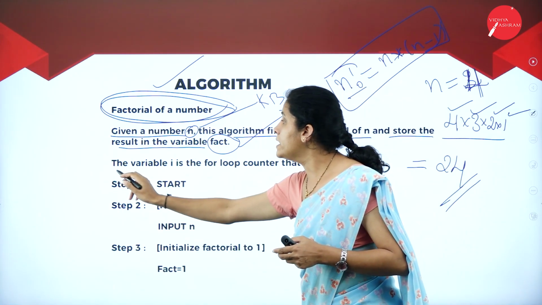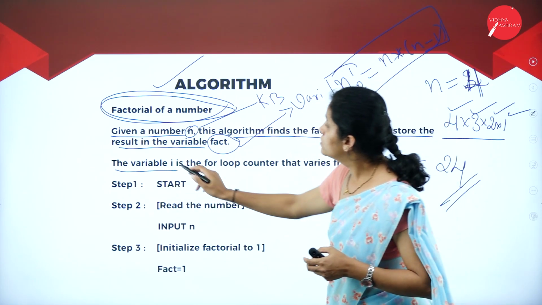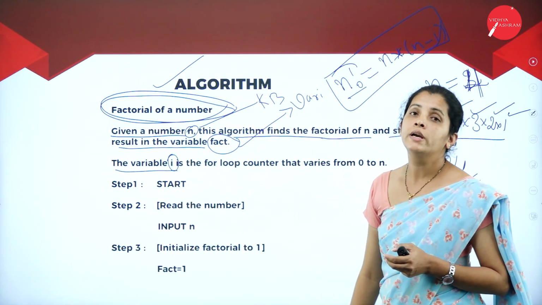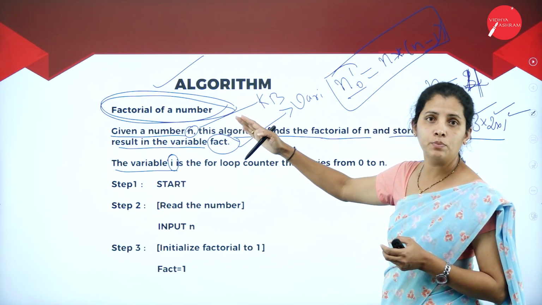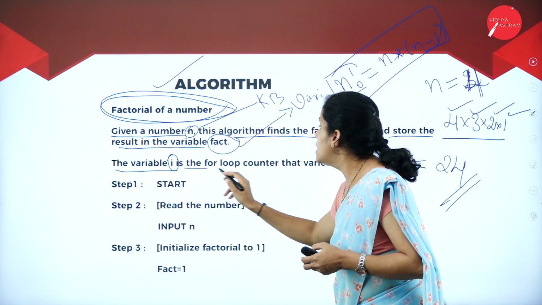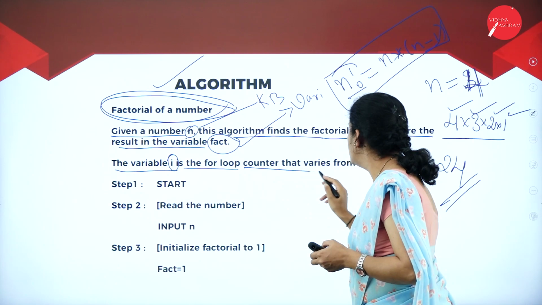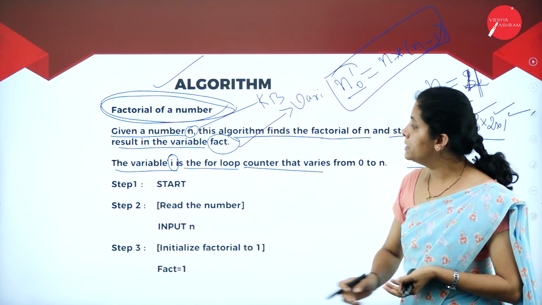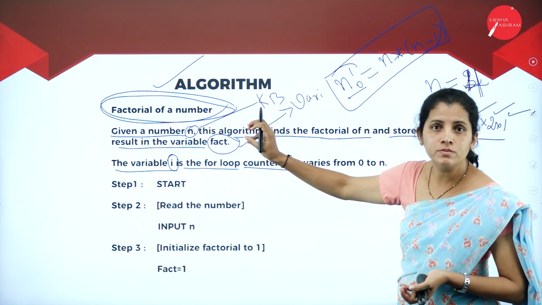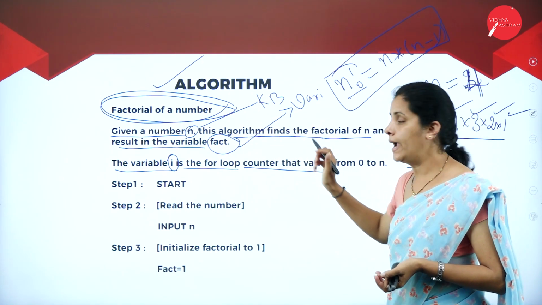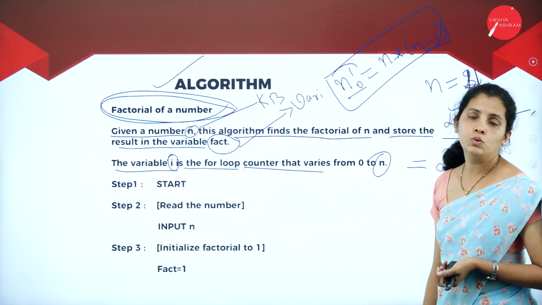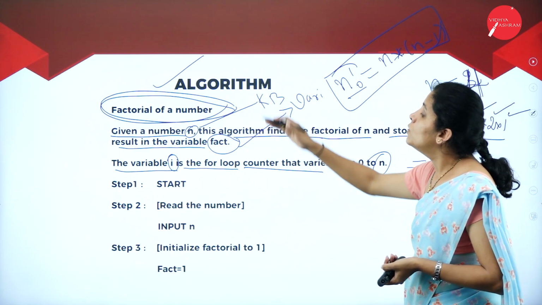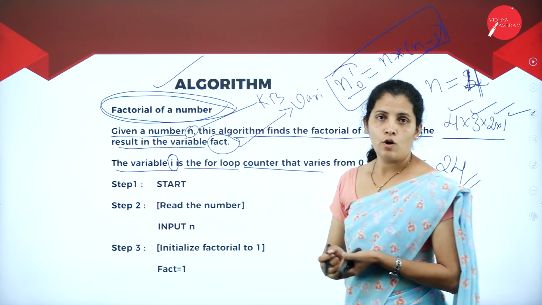So here i is used to indicate the starting position as the loop counter that varies from 0 to n. That means here i starts from 0 and it's going to end at n. Then I'm going to write my algorithm.